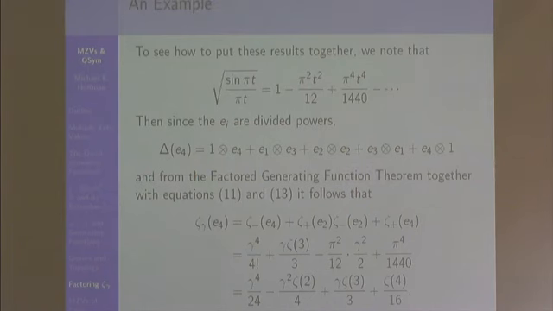If you know the power series expansion of the square root of sine of pi t over pi t, and then you use the fact that the elementary functions in the Hopf algebra of symmetric functions are divided powers, which means, okay, they're not primitive, but they're sort of the next best thing. You just have this string of elements like that. Then you can just apply this to find the extended zeta of, say, E4.